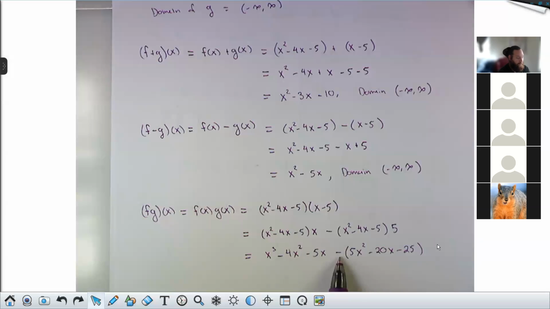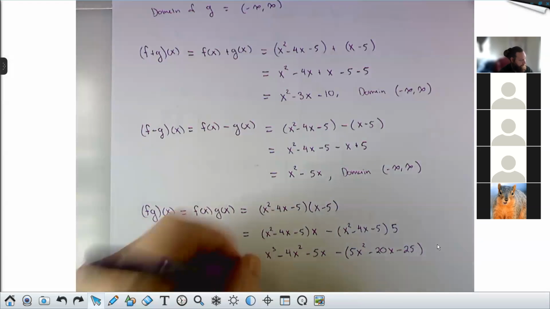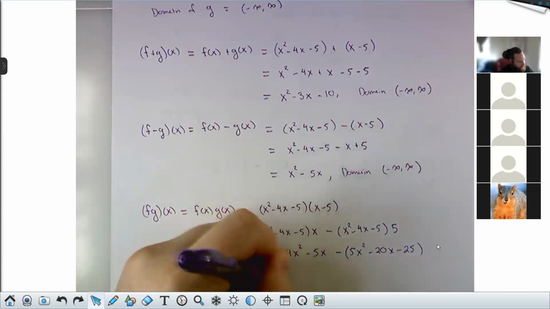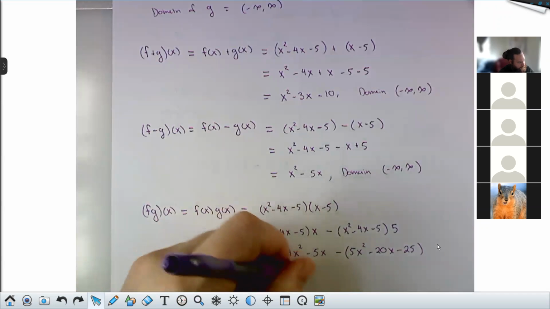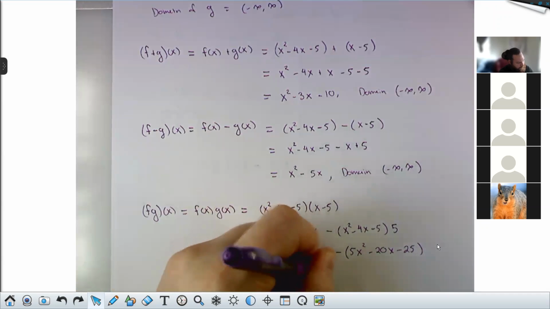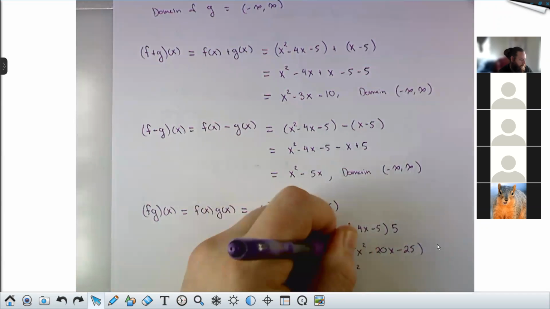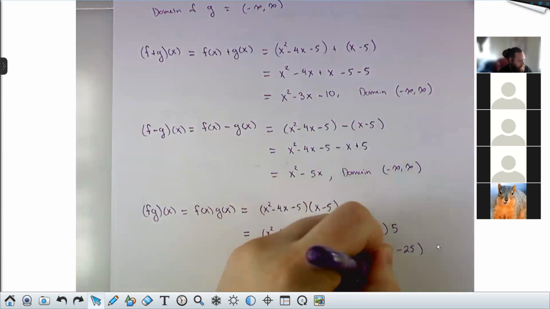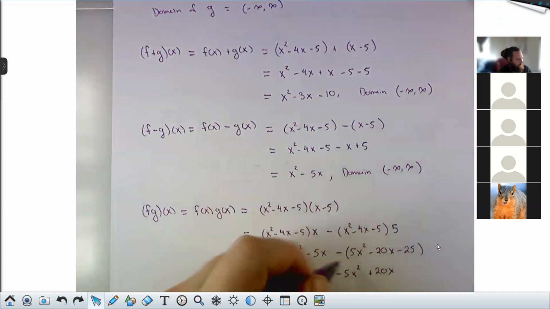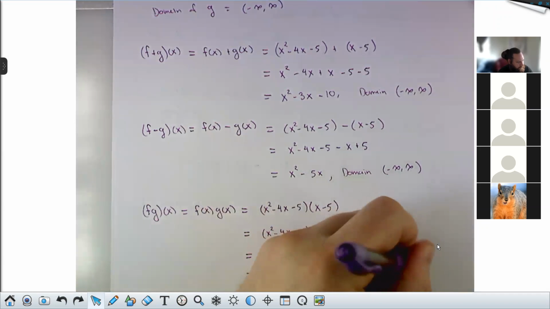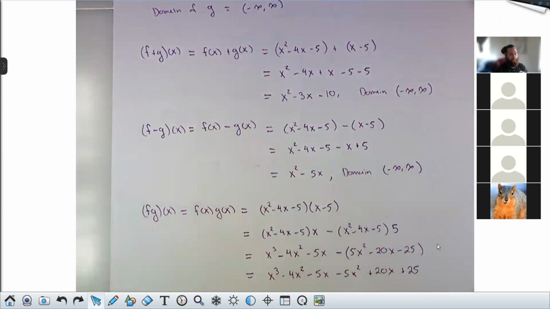And now I need to distribute this negative out front. So I get x cubed minus 4x squared minus 5x minus 5x squared. Minus here makes plus 20x. Minus here makes plus 25.